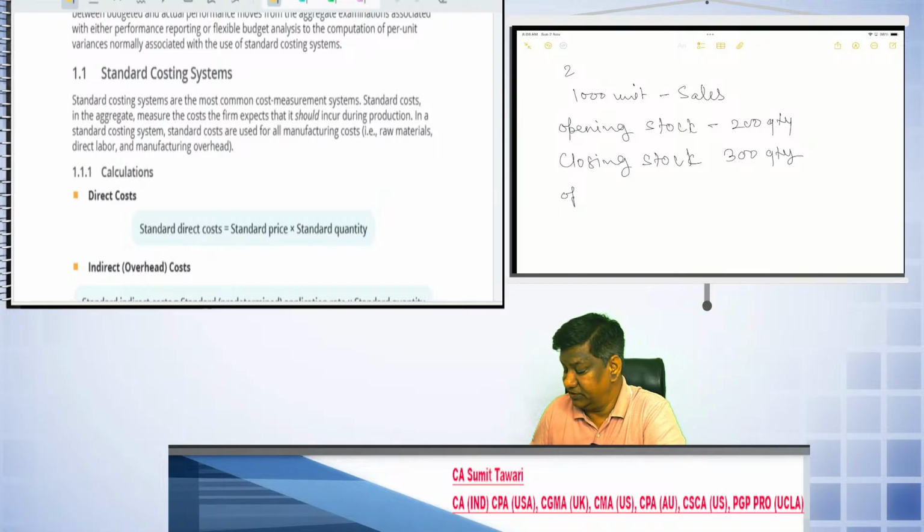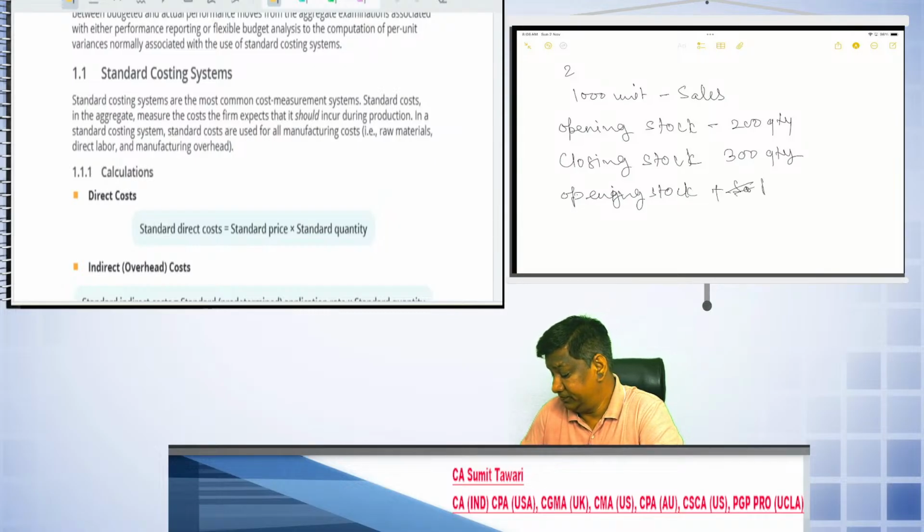So it is basically opening stock plus production equals sales plus closing stock.